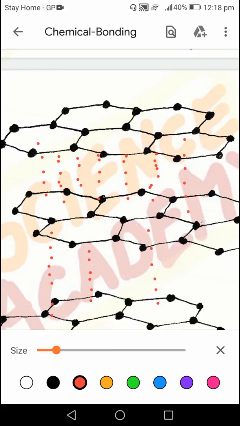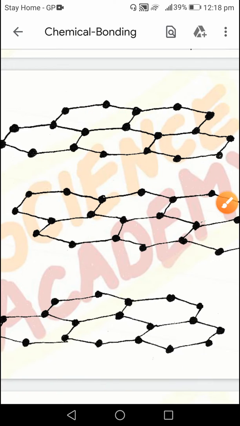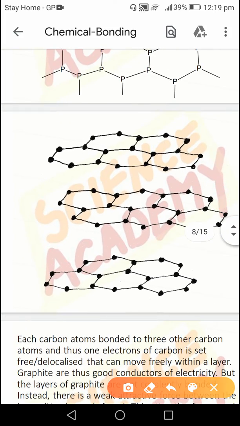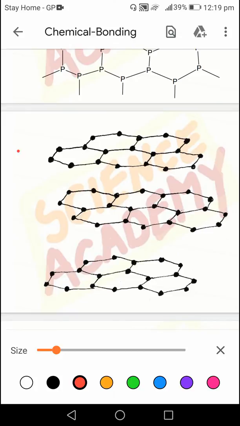These forces are very weak and can be overcome very easily, so that when you apply a force on one of the layers, the layers can move past each other very easily.